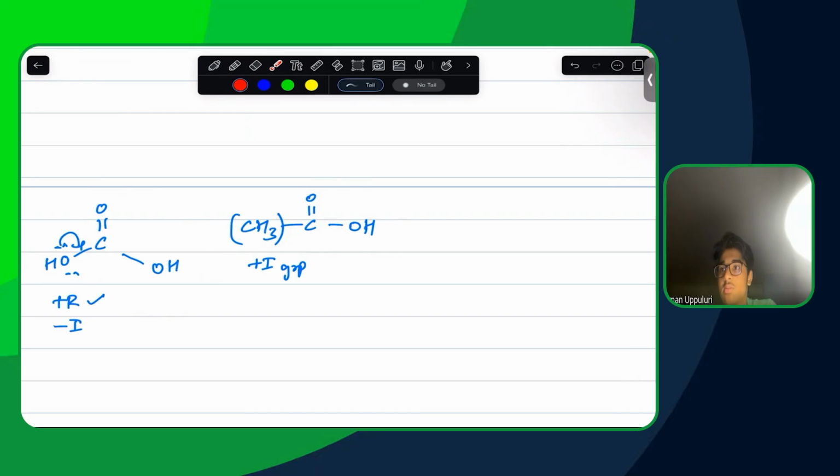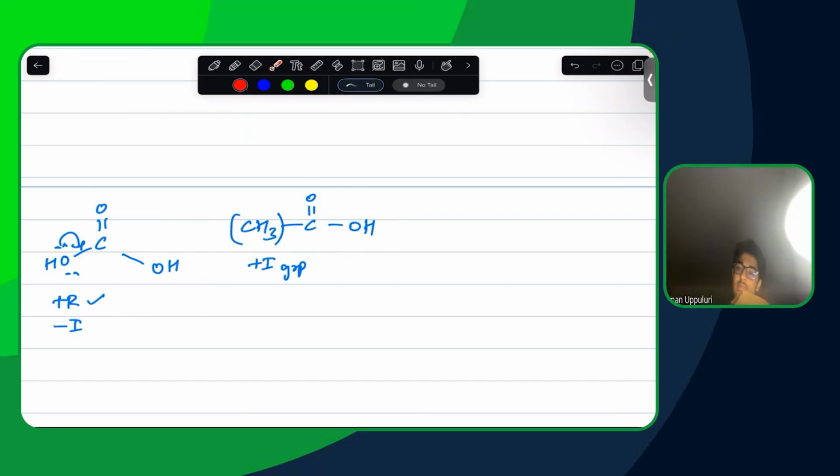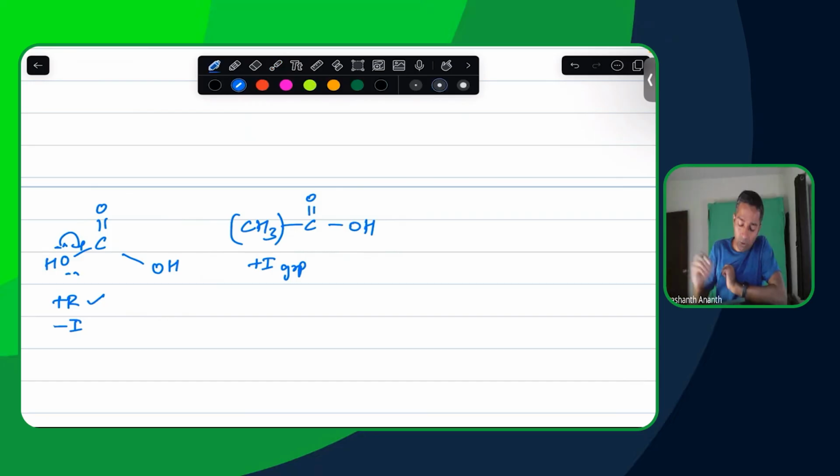The OH. That means if the carboxylic acid group has a better electron donor attached to it, is it a stronger acid or a weaker acid? Weaker acid. Good. So which is a stronger acid then? The carboxylic acid, which means carboxylic acids are stronger than H2CO3, right?